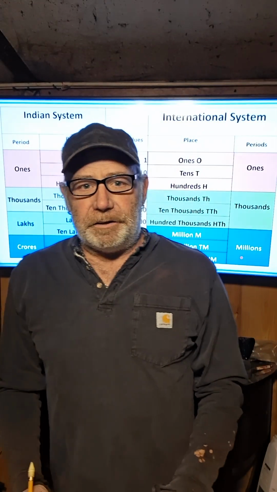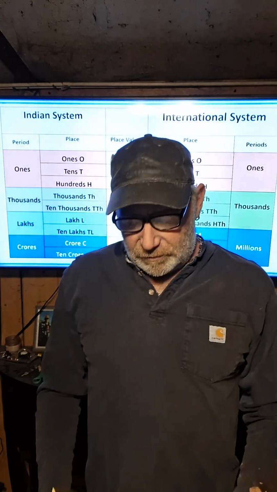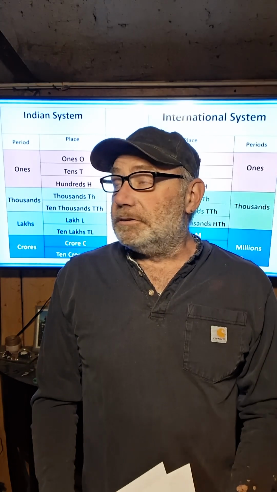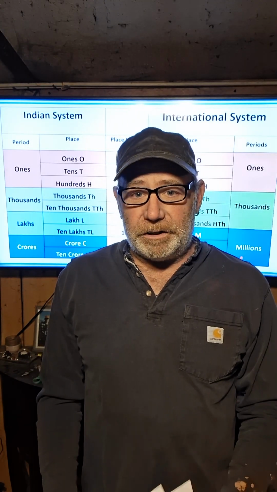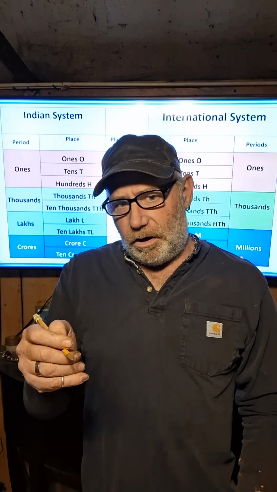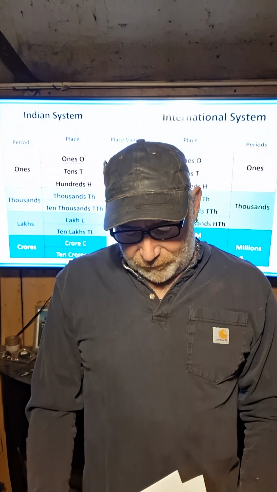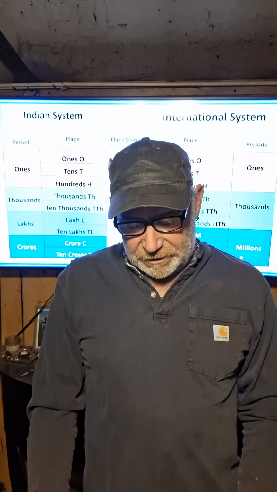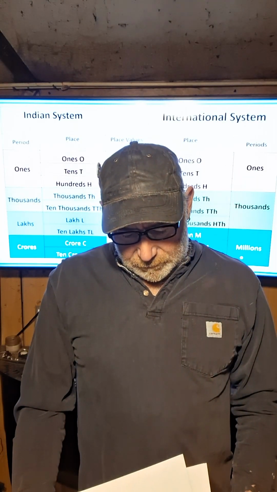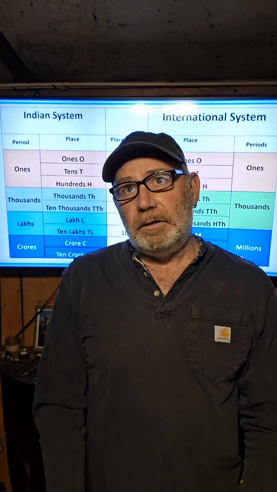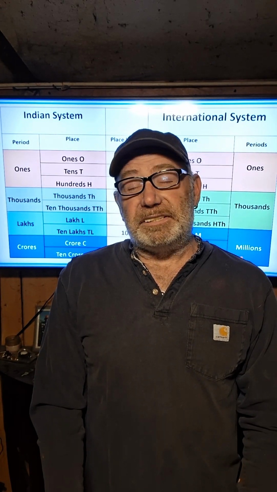So they did have different names for them, and they were still kind of the same thing, except they only used two places with a comma rather than three like we use now. And so the mathematicians took over the Indian style because it was simpler.